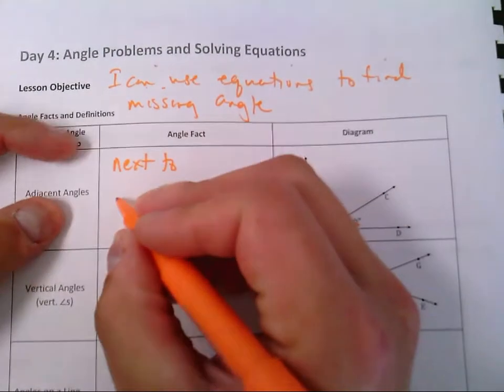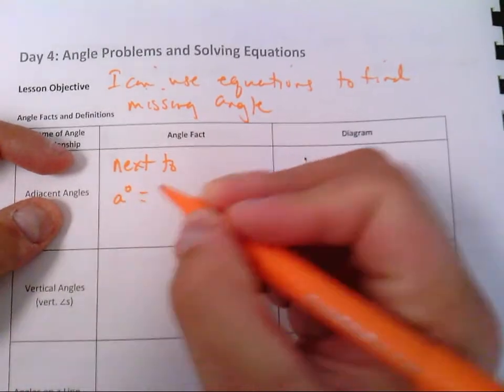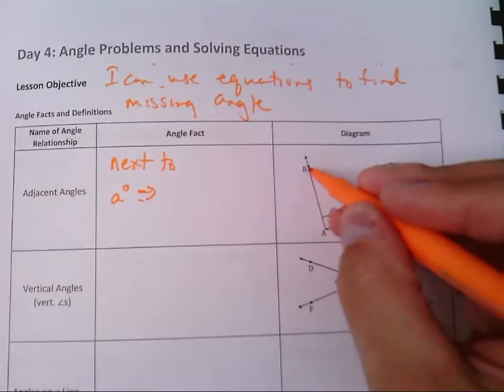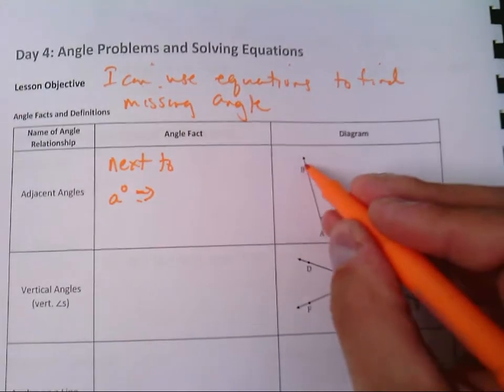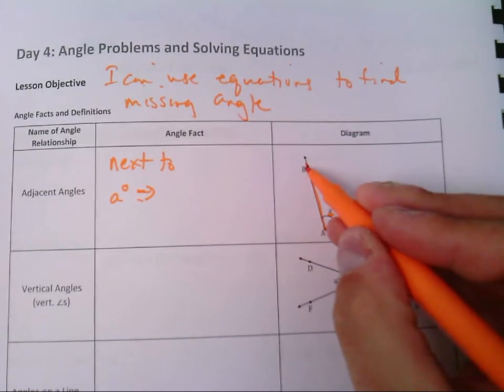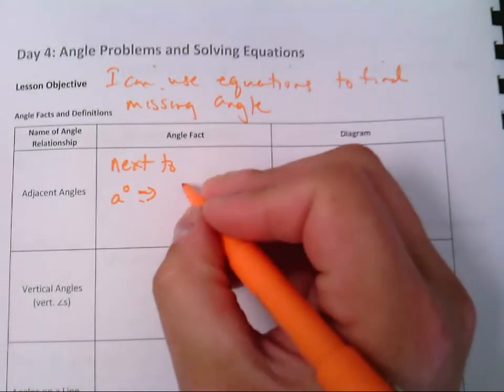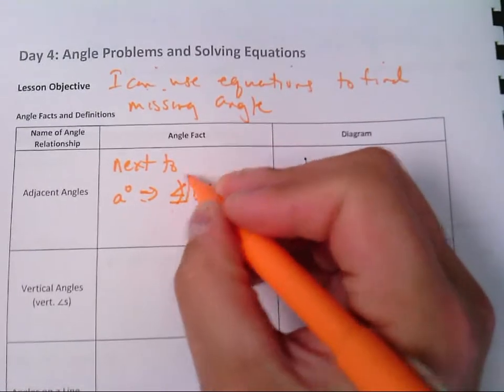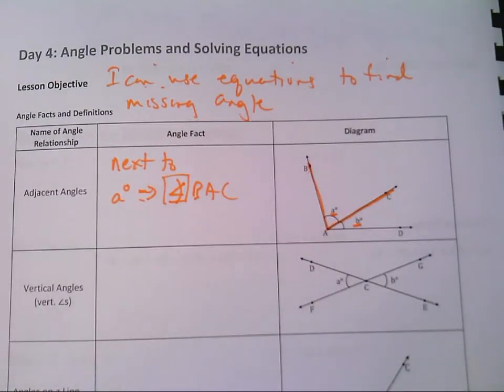So to name an angle, A degrees is really the same thing as angle A. Now the way that angles are named is we use 3 letters. So we start here. If I were to outline this, I follow the letters B, A, C. This would be angle BAC. This is my symbol for angle, and it's the symbol that's used in geometry later on in math.